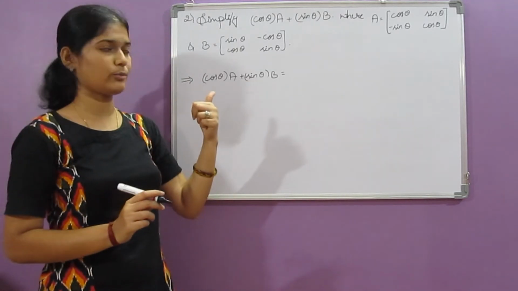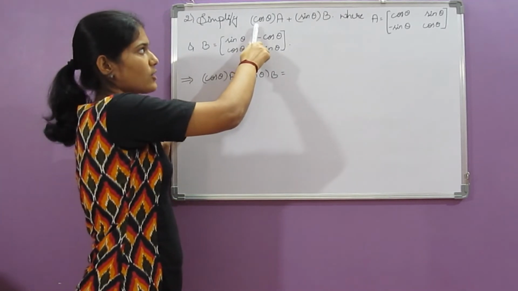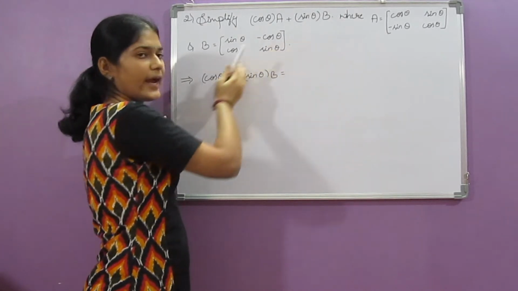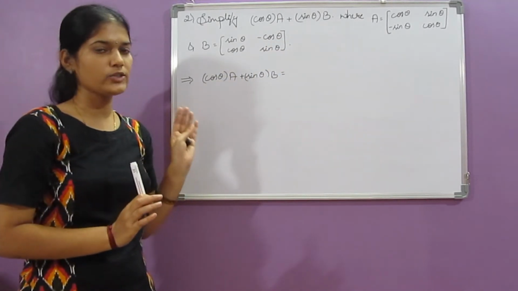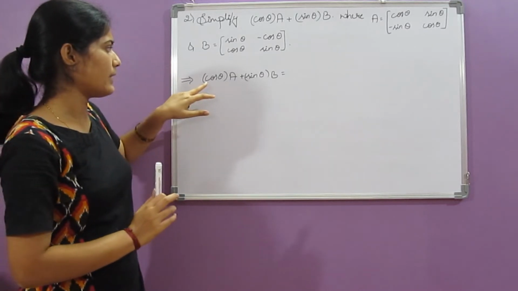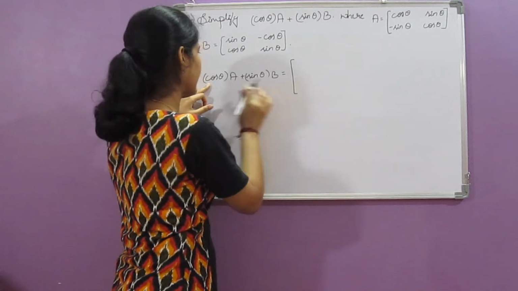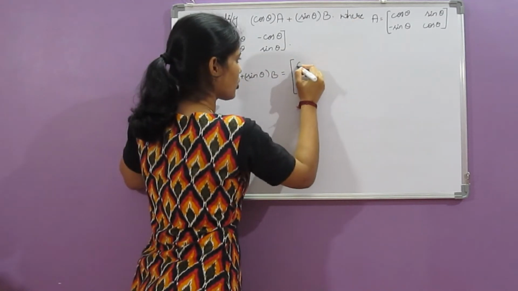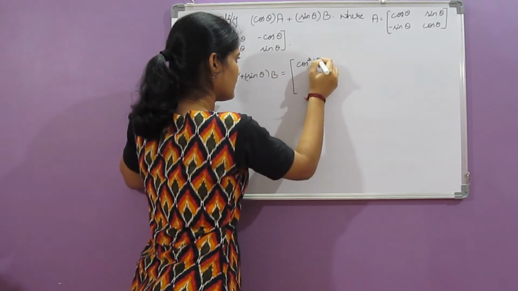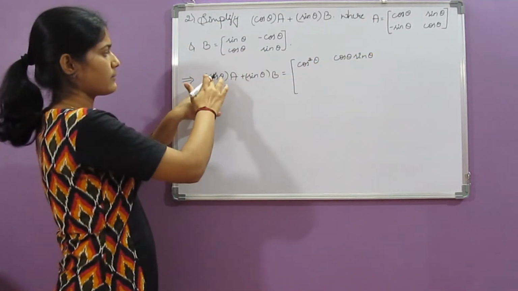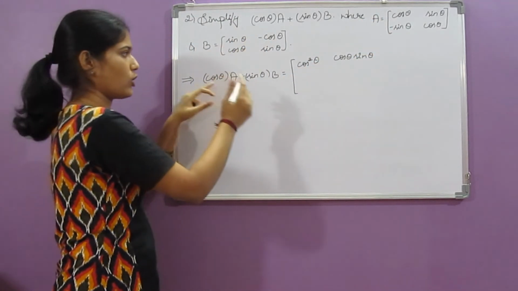This is another problem. We have to find cos theta A plus sin theta into B, where A and B are given. Let's try to simplify this. We have to multiply cos theta with A. On multiplication, we will get cos theta into cos theta is cos square theta. Next, cos theta into sin theta. Next term is minus of sin theta into cos theta.